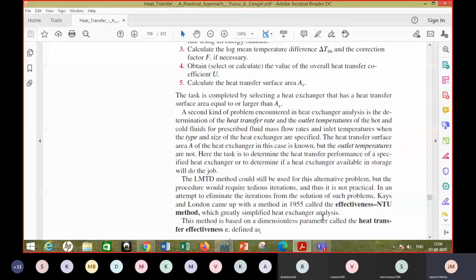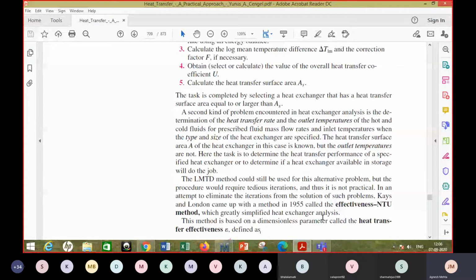This method was first proposed and used by Kays and London in 1955. NTU is a non-dimensional number, and another non-dimensional parameter is heat transfer effectiveness, epsilon.